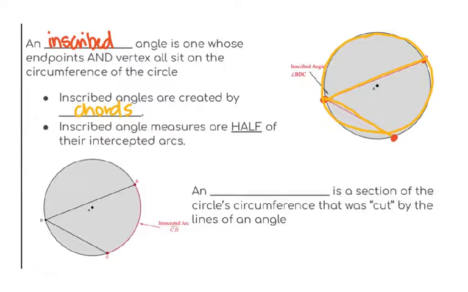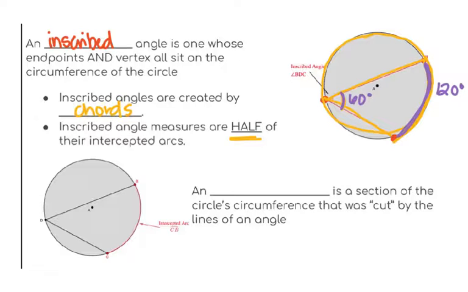Now an inscribed angle measure, so this angle measure here, is going to be half of its intercepted arc. Let me do a different color. What I'm drawing in purple is the intercepted arc. So if that intercepted arc is 120, then our inscribed angle is going to be 60. It's going to be half of whatever that intercepted arc is.